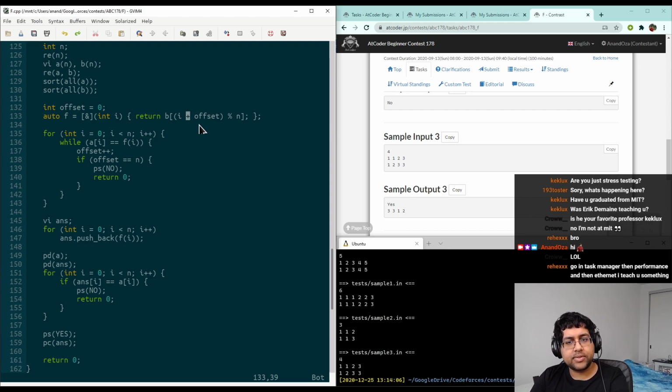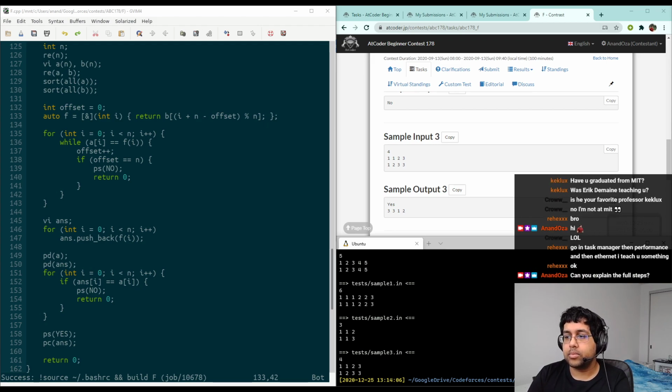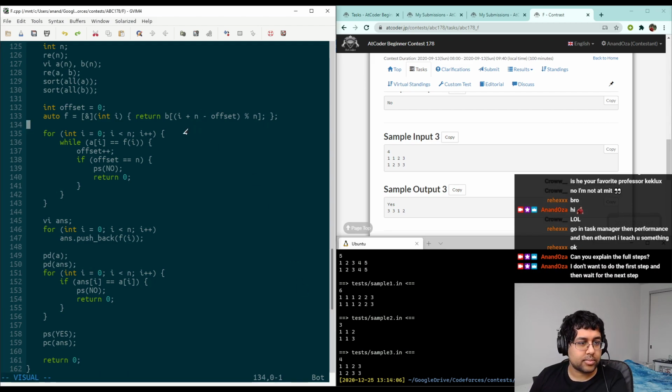So if we want to shift B to the right, wait, this would be shifting B to the left. So yeah, we'll do this. Cool.